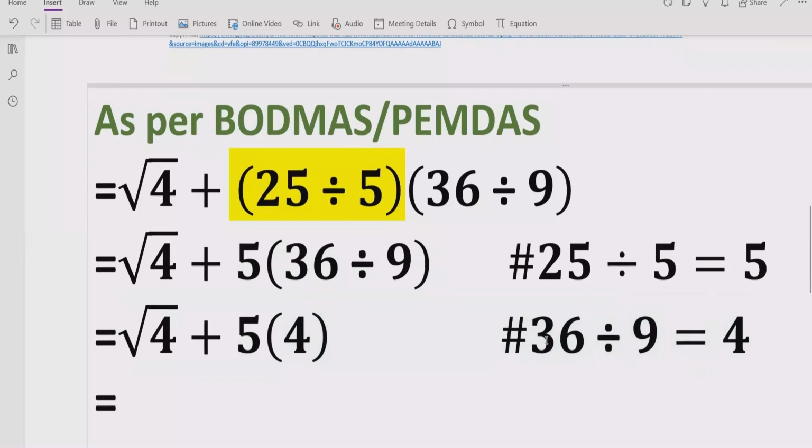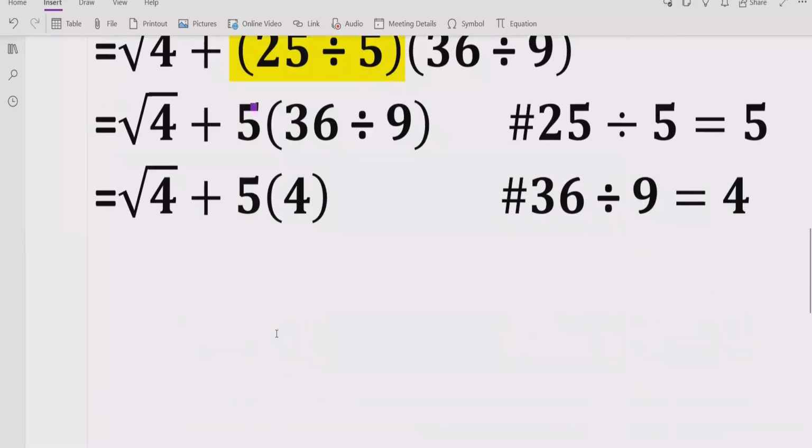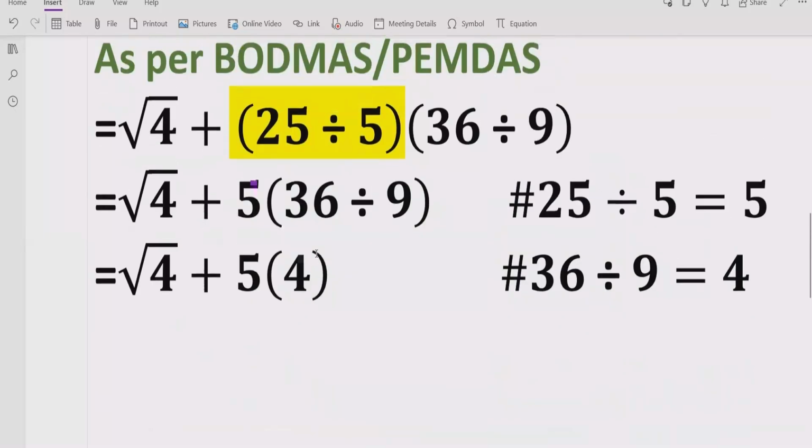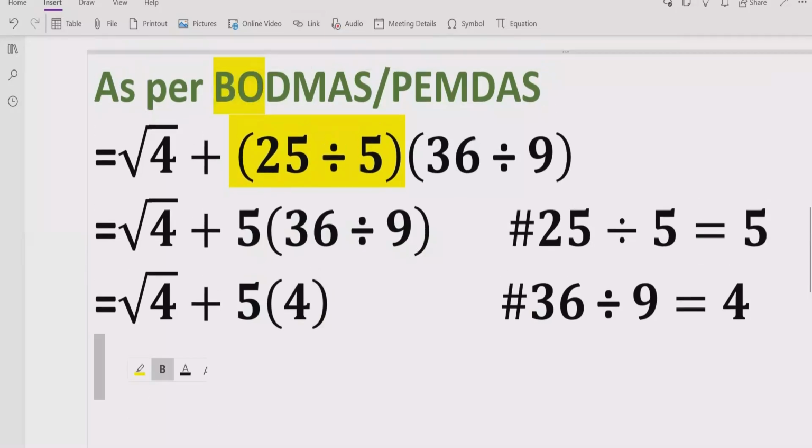Now we have solved all the brackets in our expression, because this bracket does not contain any operation. So we cannot say that this is a complete bracket. These two terms are multiplying each other. So now according to the BODMAS and PEMDAS rule, we have to solve the exponent or power of any number.